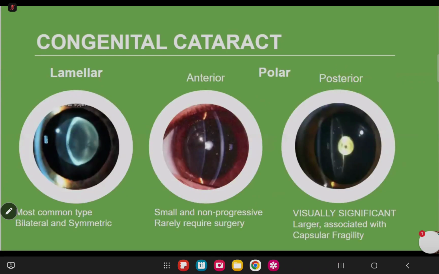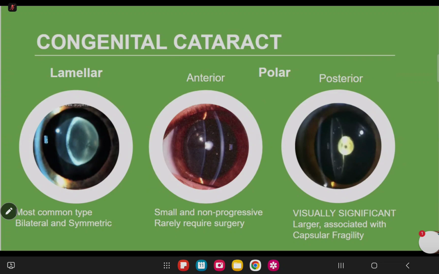For the types, the most common is your lamellar cataract. It is usually bilateral and symmetric. So aside from congenital rubella and dense cataract, you can have your lamellar cataract from your systemic conditions or from your metabolic disorders.